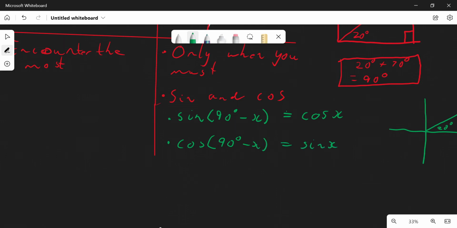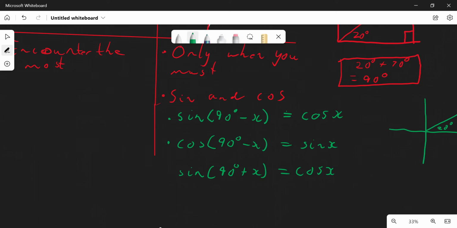If I see sine 90 plus x, that will equal cos x. So all of these are normal: you get your ratio and you just switch it over to the other one, which is cos.